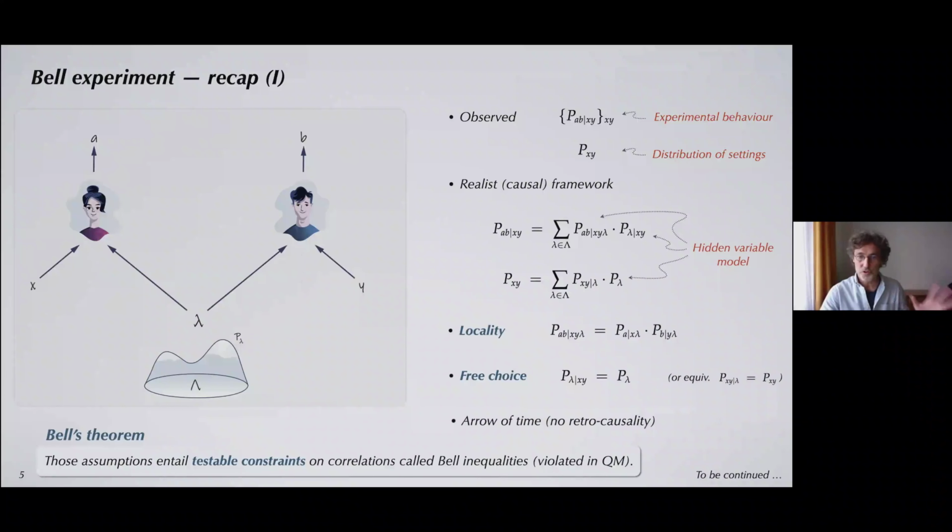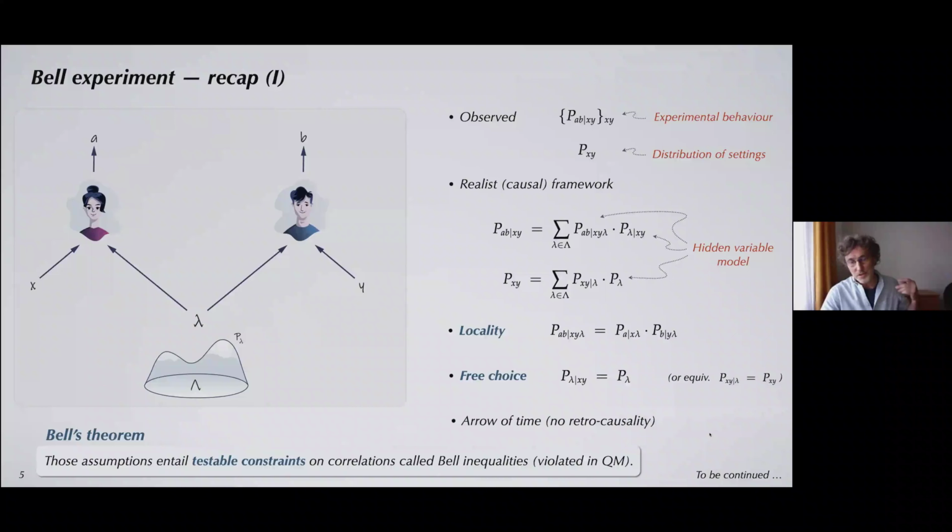Then the causal structure comes in, and you may postulate this locality assumption, which boils down to this factorization condition, and the free choice assumption, which is here, that is, lambdas do not depend on x and y, either in this way or you can rewrite it in that way. And then, in order to be fair, I need to add another assumption, which is the arrow of time.